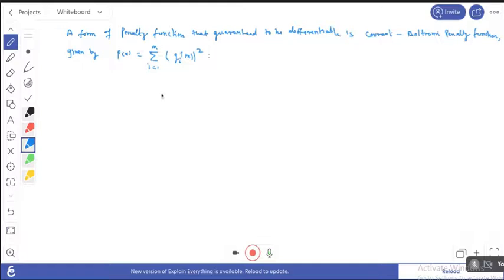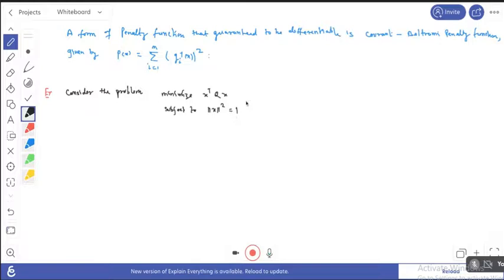Okay, so now we take an example. Consider the problem: minimize the quadratic function x transpose Qx subject to the constraint that the norm of x squared equals 1, the unit circle.